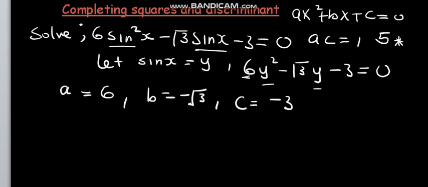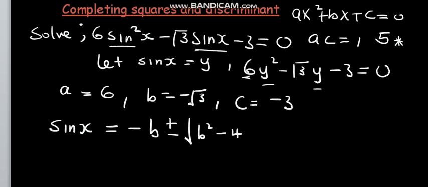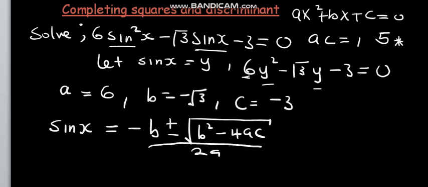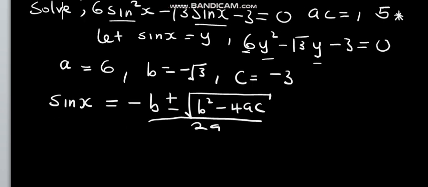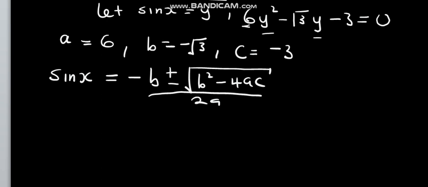And we said that for this instance, sine of x is equal to negative b plus or minus square root of b squared minus 4ac, out of 2a. Is that okay?